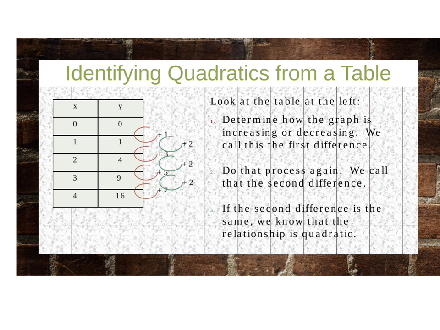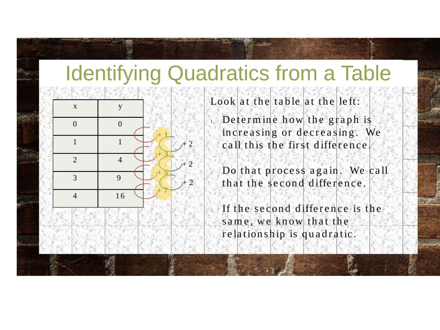How do I identify a quadratic from a table? Well, take a look here. We can see from this table that 0 plus 1 is 1, and 1 plus 3 is 4. 4 plus 5 equals 9, and 9 plus 7 equals 16. So it's not linear, right?